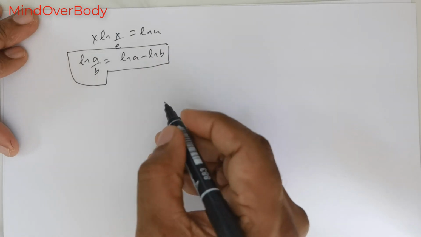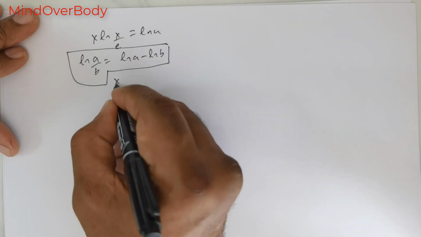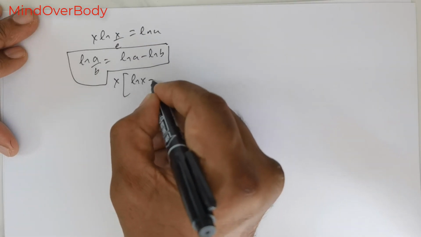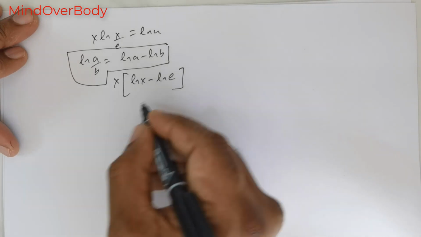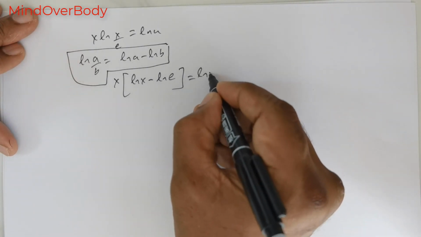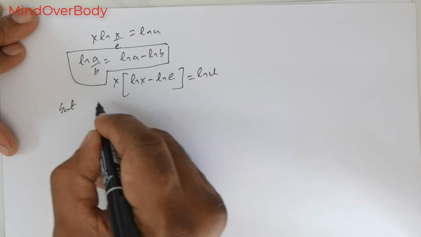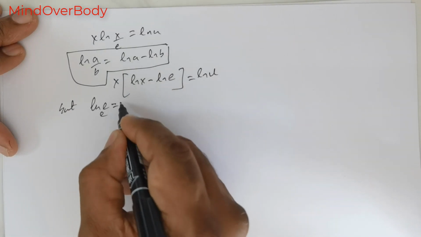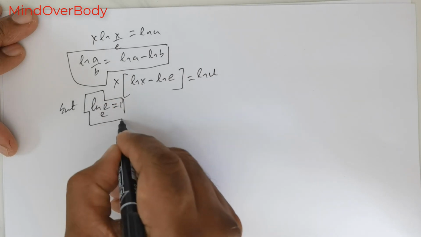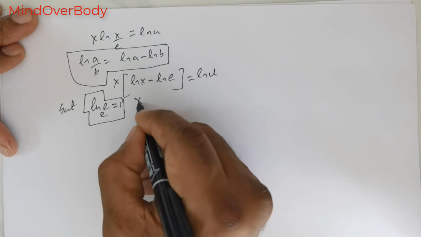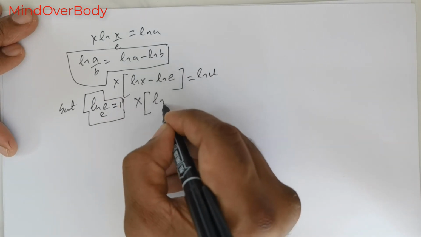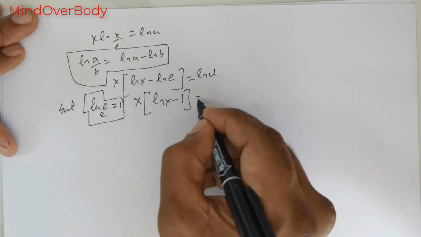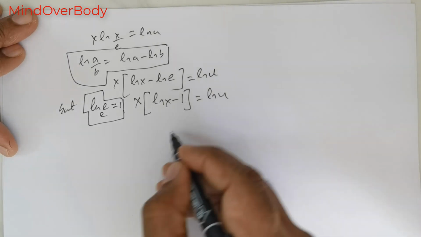By utilizing this formula, I can rewrite this as x times (ln x minus ln e) is equal to ln u. But we know that ln e, to the base e, is equal to 1. So by that property, we can rewrite this as x times (ln x minus 1) is equal to ln u.